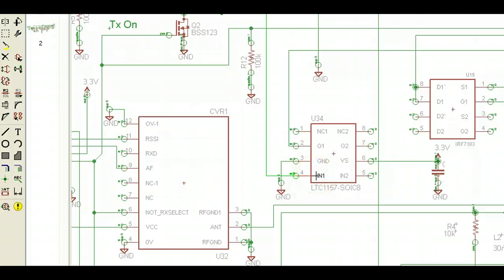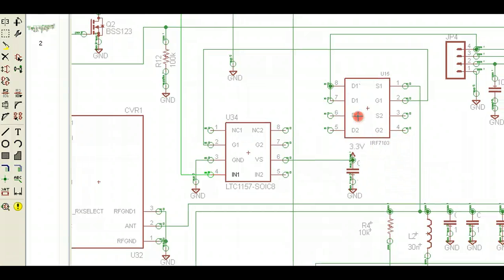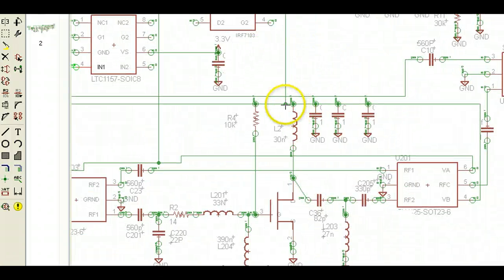It produces an up voltage out on gate G1, which is now 7 volts. That 7 volts comes over here to this FET switch, and what that does is switch power to the high power amplifier, which is this guy here.